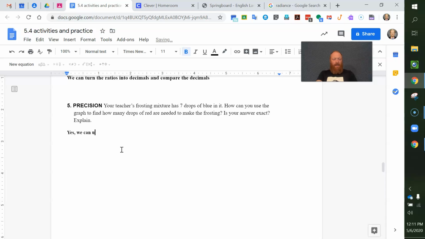Yes, we can use the graph to find how many drops of red.